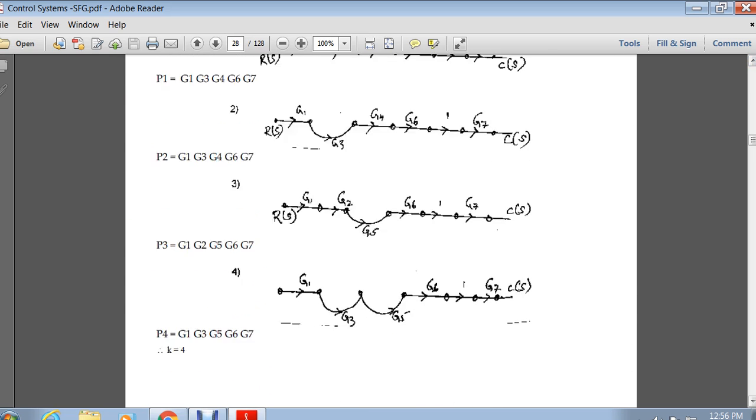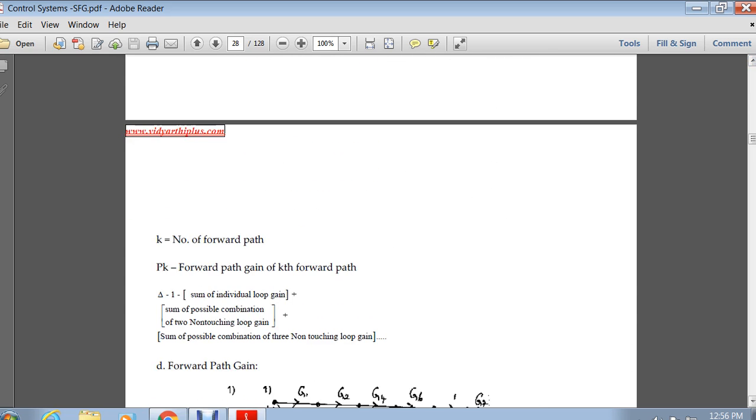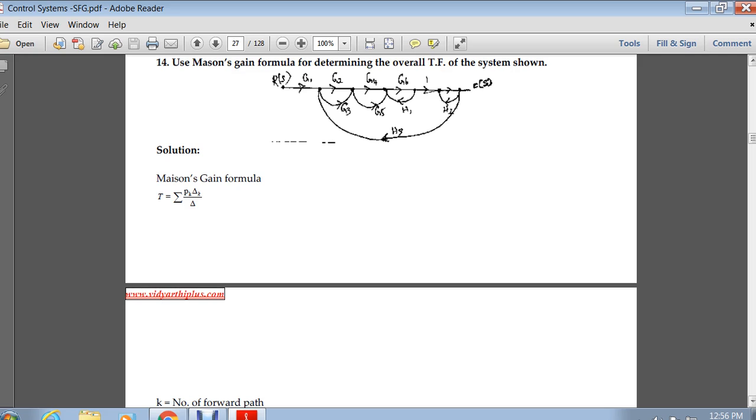SFG means signal flow graph. Here, signal flow graph is an alternate method to reduce the size of the system and to get the transfer function of any control system. Here, the scientist Mason has given one standard format to get the transfer function of any complex system.